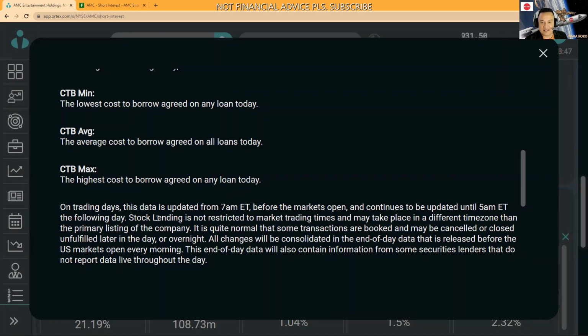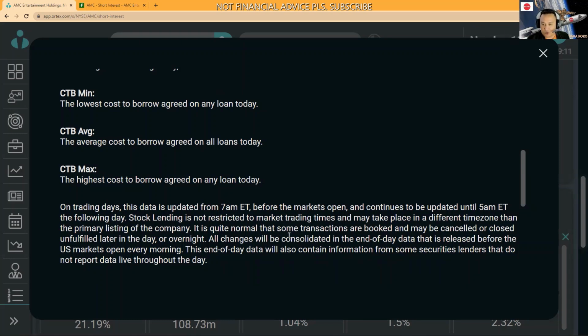On trading days, this data is updated from 7 a.m. before the markets open and continues to be updated until 5 a.m. Eastern Standard Time the following day. Stock lending is not restricted to market trading times and may take place in a different time zone than the primary listing of the company.